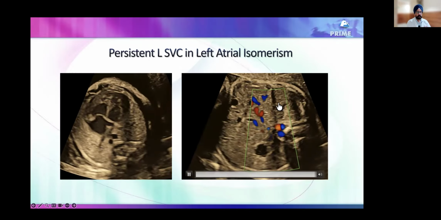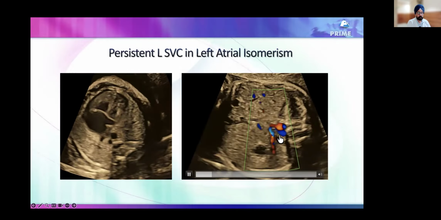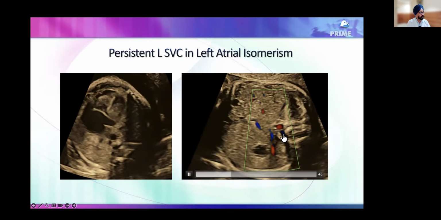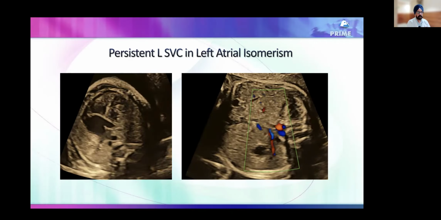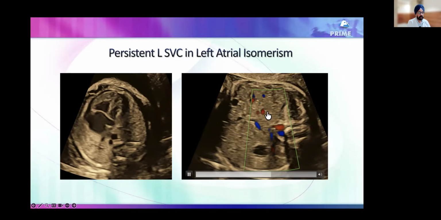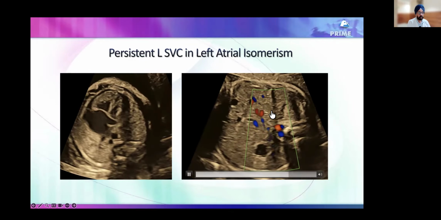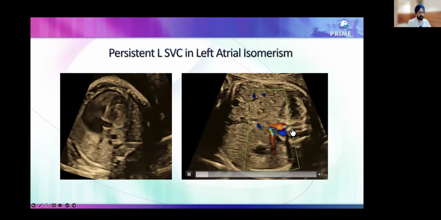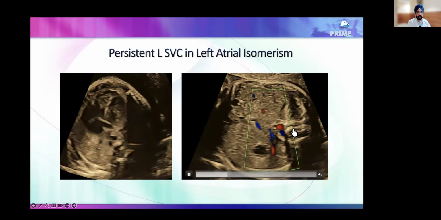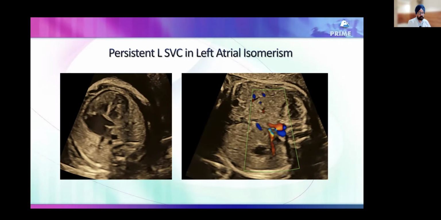So the other vessel, a venous vessel, if it is the inferior vena cava, one, it should be on the right side. Two, it should be anterior to the aorta. If it is not anterior to the aorta and is lying side by side, then this is not IVC.